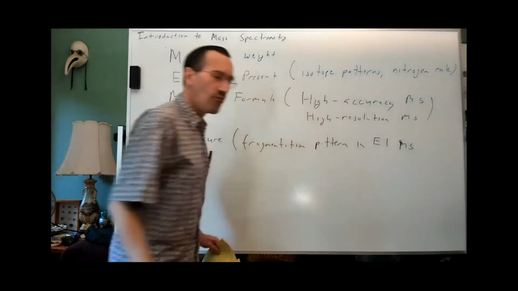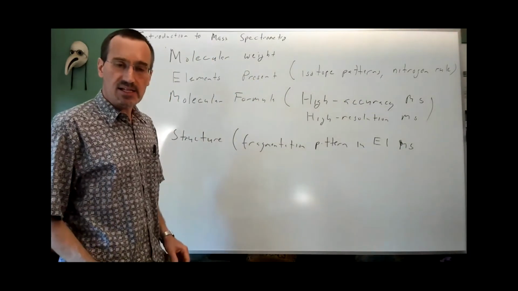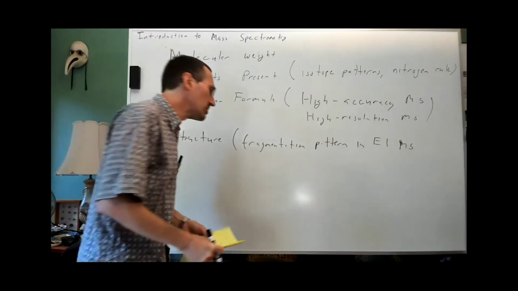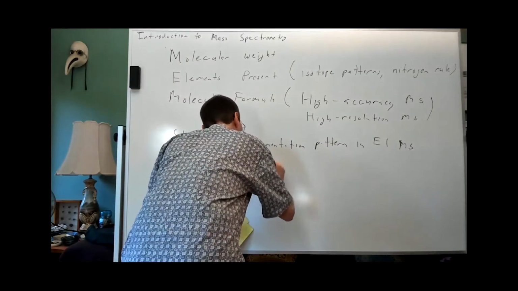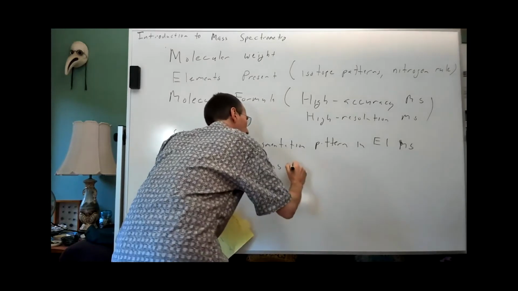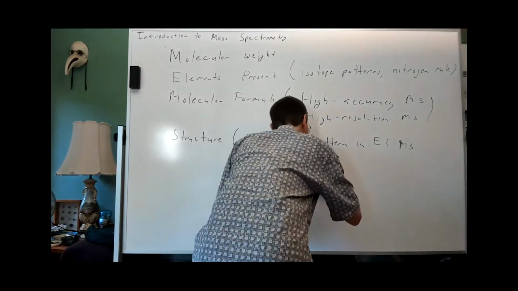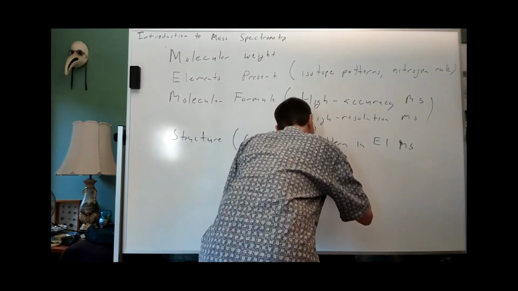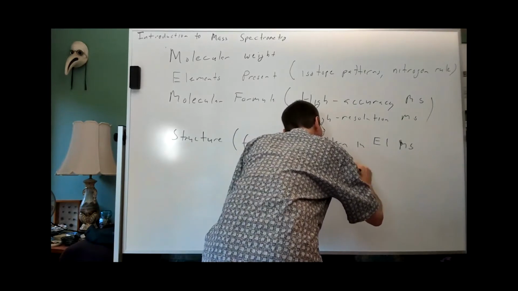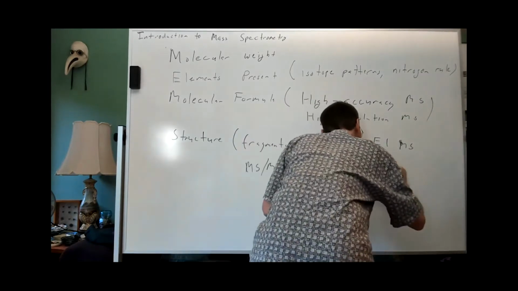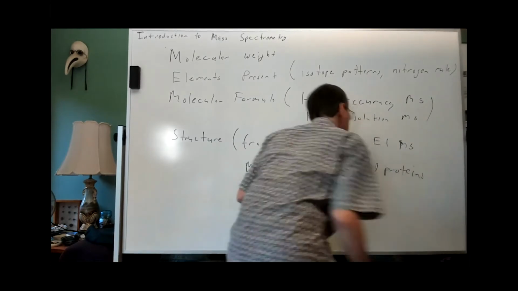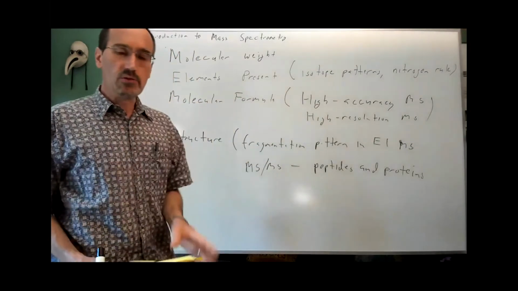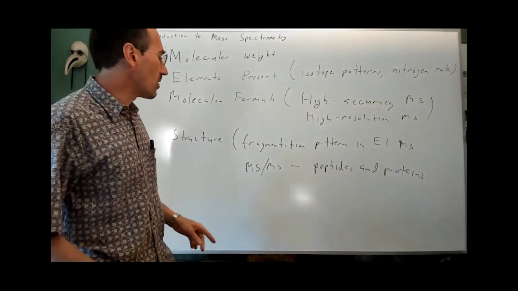But also from techniques like tandem mass spec, where you deliberately fragment the molecule, in biomolecular structures, particularly for peptides and proteins, where you basically can break the molecule amino acid by amino acid.